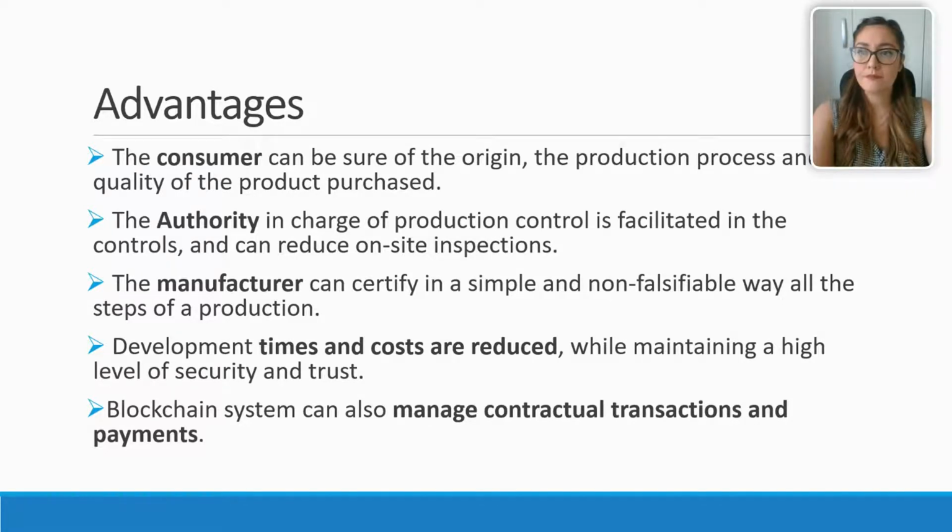This leads to advantages for all the parties involved in the process, from the consumer, who can truly know the product he's purchasing, to the authority, whose controls are facilitated, and of course the manufacturer, who can easily certify his production. Finally, times and costs are reduced while maintaining a high level of security and trust.